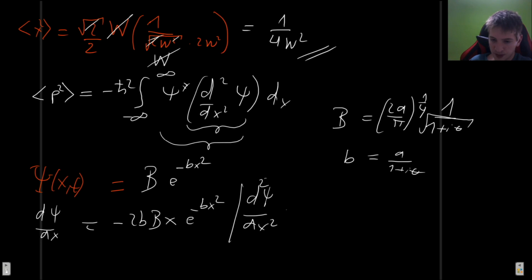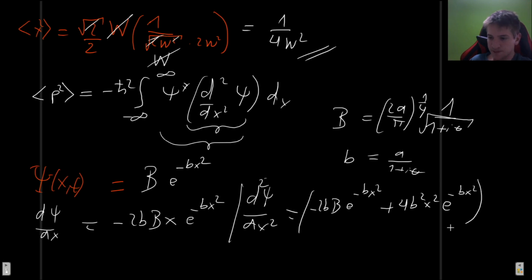Now we're going to get a product rule. So we get minus 2 small b large B e to the minus b x squared. Here we just derive the bx. Then we get plus 4b squared x squared large B e to the minus b x squared.